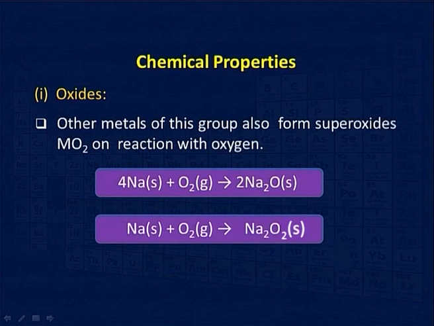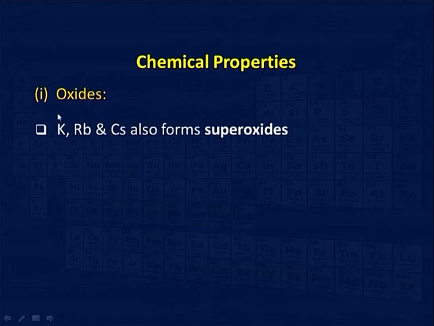It cannot form superoxide. This is because of the size of the element. Na cannot hold too big a ligand. We will discuss that later when we talk of the stability of these oxides and compare with that of the second group elements. Now, you can see that potassium, rubidium and cesium can form superoxide.